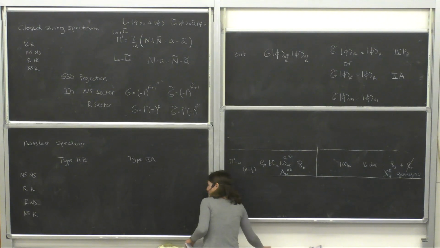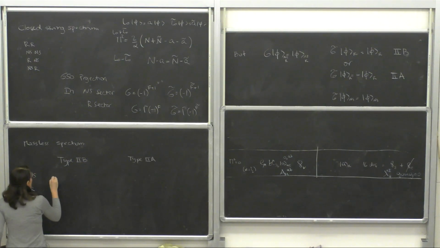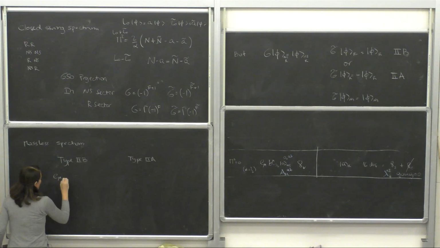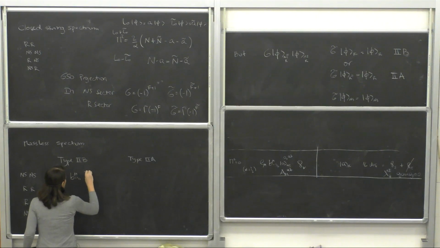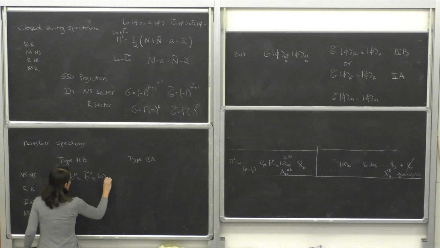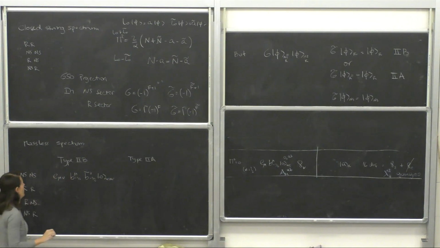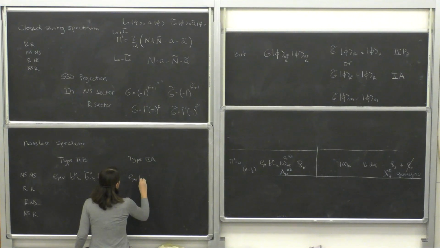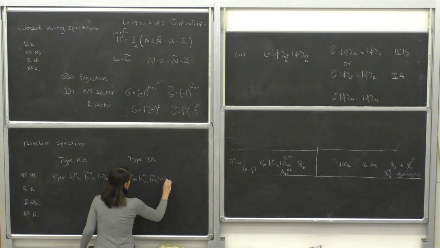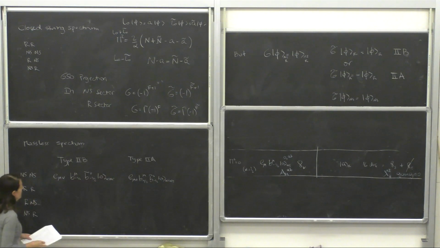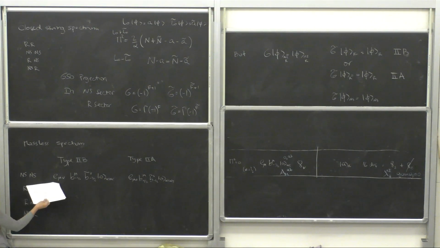So in the NSNS sector, I put the tensor b mu minus 1/2, b tilde nu minus 1/2 on the vacuum 0 NSNS. It's massless, a tensor with in principle no symmetry between mu and nu.